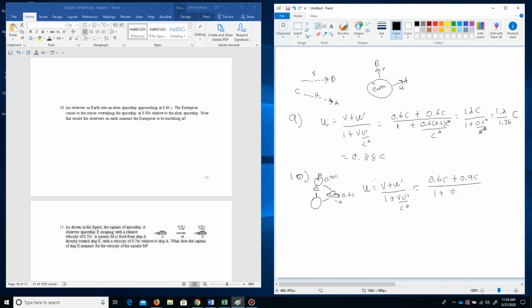So we got 0.6 c, 0.9 c over c squared. And so we get 1.5 c over 1 plus 0.6 times 0.9.